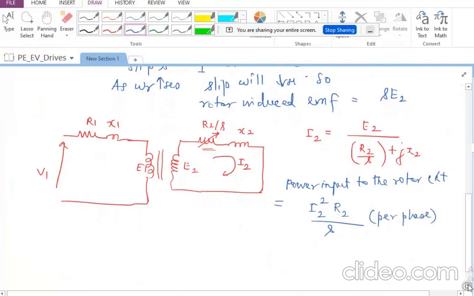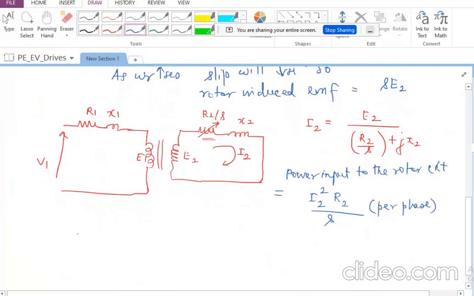But I know for sure that the actual dissipation in the rotor resistance, that is going to be I2 square R2.